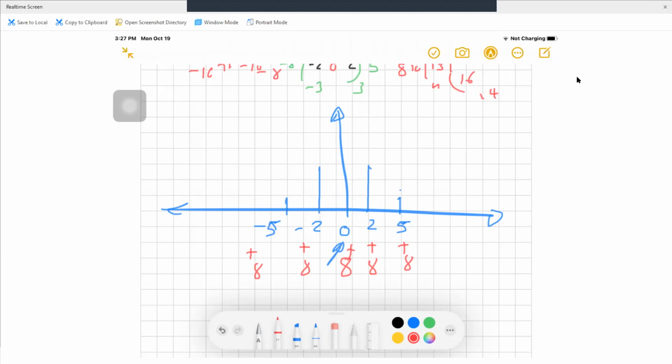2 plus 8 is 10, and 13. On the other hand, we have minus 2 plus 8, so it will perform a component at 6. The other will perform a component at 3, as we have seen before.